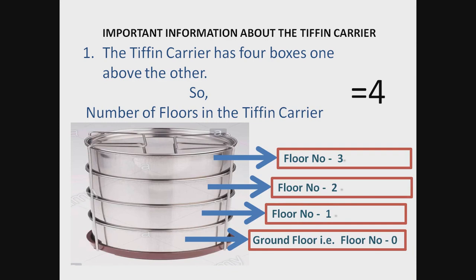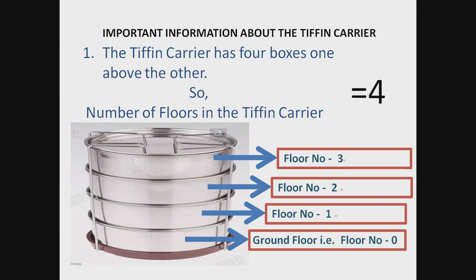You would be wondering why sir is saying these to be floor numbers. Actually, I am trying to make you understand that these are not normal floor numbers. When we are talking of Python and we are relating the tiffin carrier with Python, you should also relate these floor numbers to subscript numbers of a list in Python.